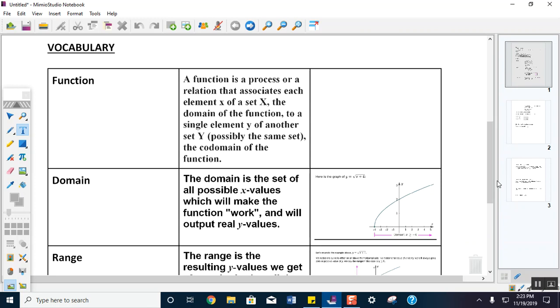Here's the deal. There's a lot of wordiness up here. The way I like to read this is the following. The domain and the range are all going to be parts of each other, but this is how I like to say this.